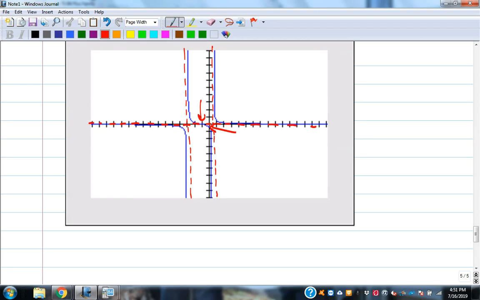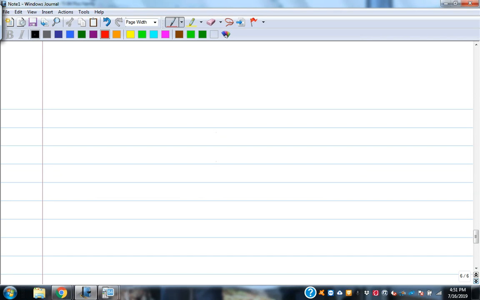Let's look at example G. F of x is equal to 4x minus 2 over x plus 1. We'll do something easier. Again, we're going to find the domain.